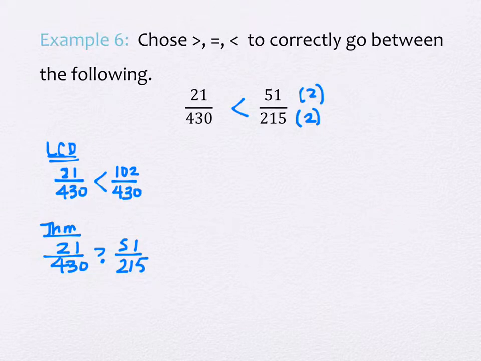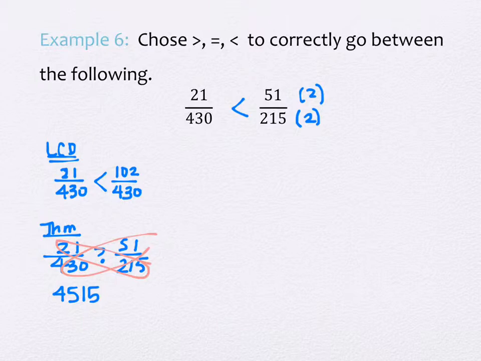Let me use a different color here. So we could look at the diagonals here, and we could compare them. I don't want you to have to get out your calculators or anything, so let me just tell you what the numbers are. It's 4515 on the top left to bottom right diagonal, and then the other diagonal is 21,930.